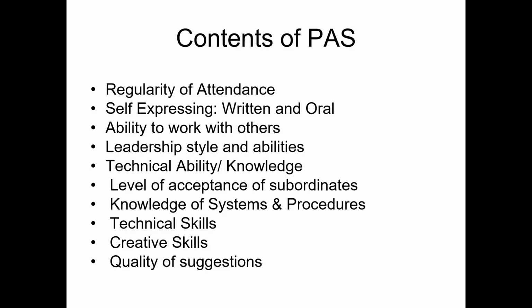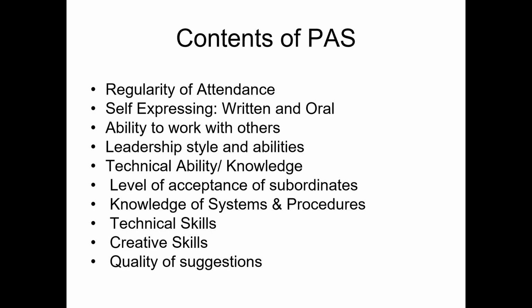The sixth point is the level of acceptance of the subordinates. Whatever the subordinates say to me, you need to accept all the criticism also. The knowledge of system as well as procedures. Next, this is important. You need to have good technical skills, creative skills, and the quality of suggestions. Very important is the person should be very patient.